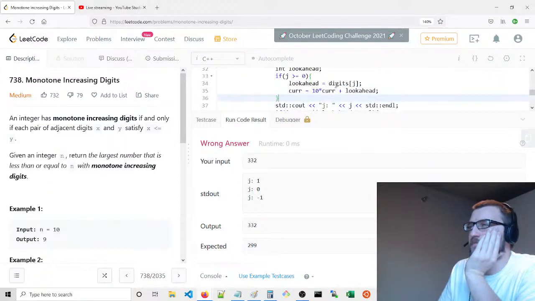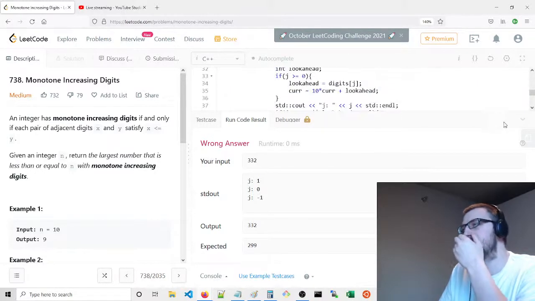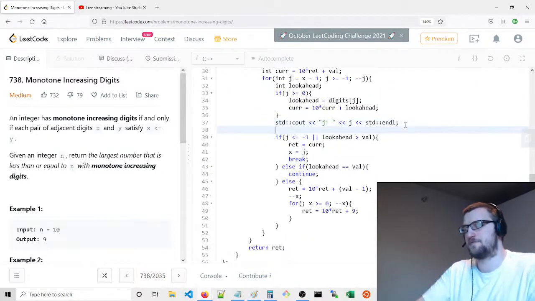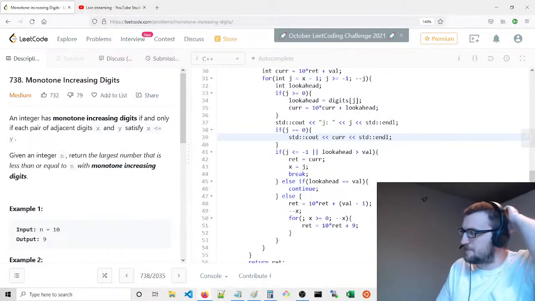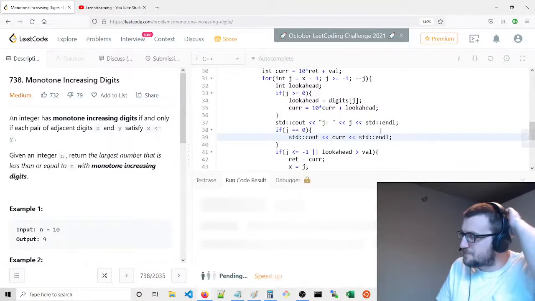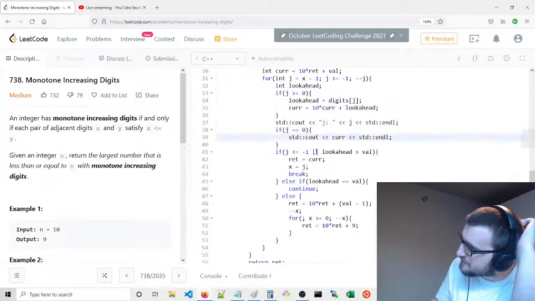Now we print, and we get to 0, and J is 0. What's current? That should be 332. Yeah. Okay.